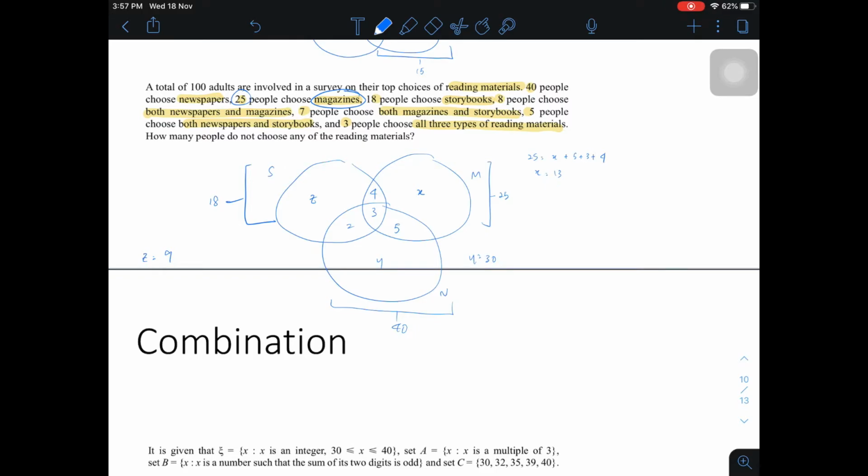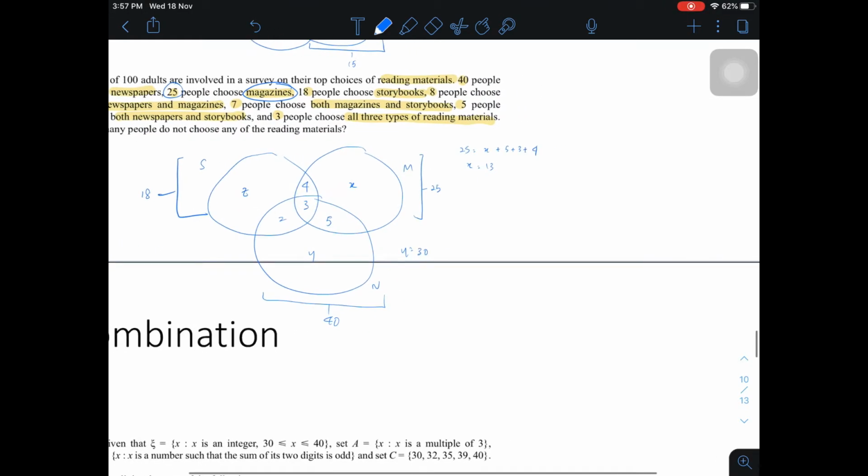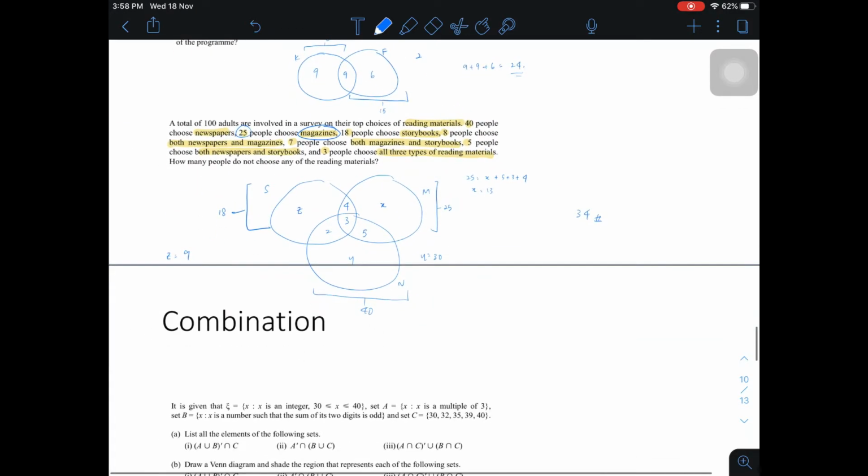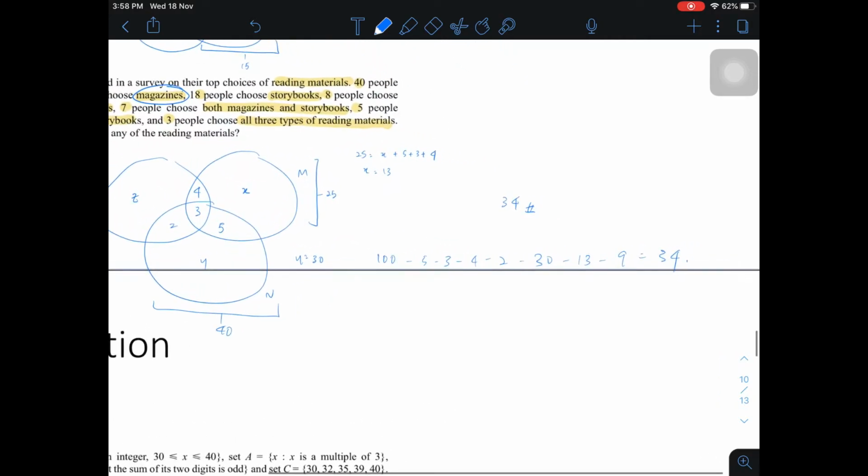So the number of people that didn't choose any of the reading materials would be 34, because we understand that 100 is the total, so 100 minus 5, 3, 4, 2, 13, and we will get 34. Right? So that's it.